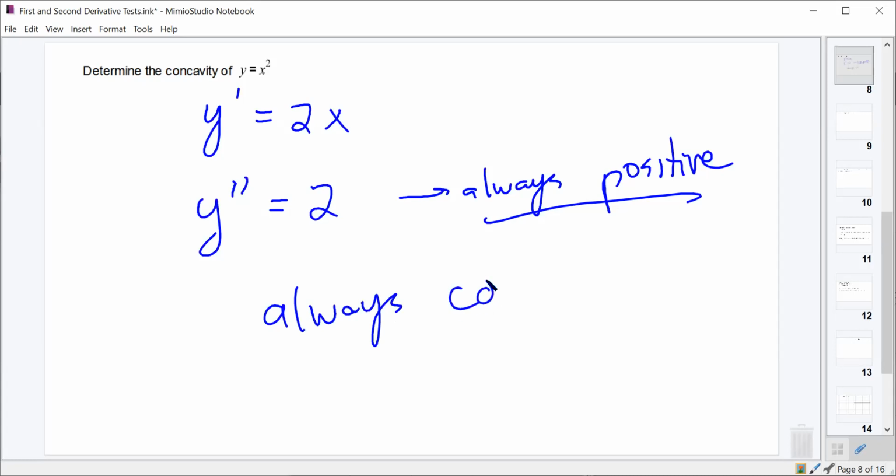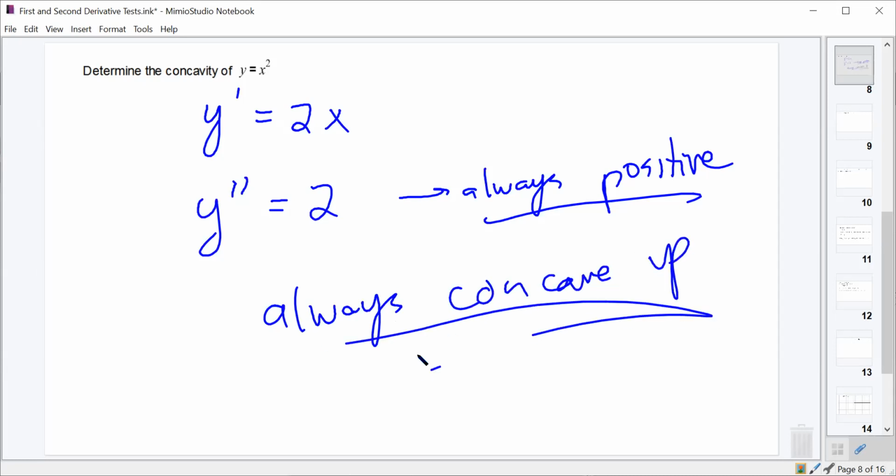That's something we already knew at the beginning, but we've now proved it using a little bit of calculus. Does that make sense? Everyone good there or no?